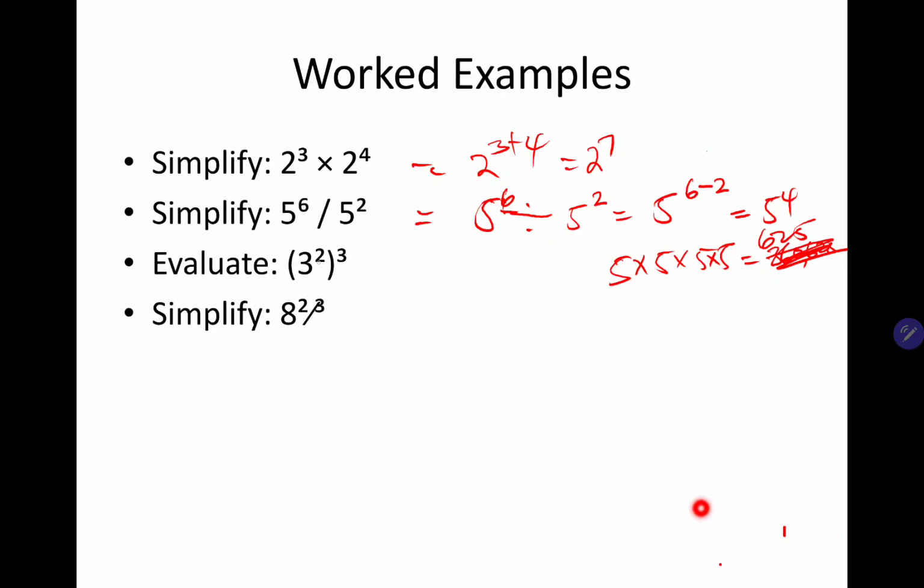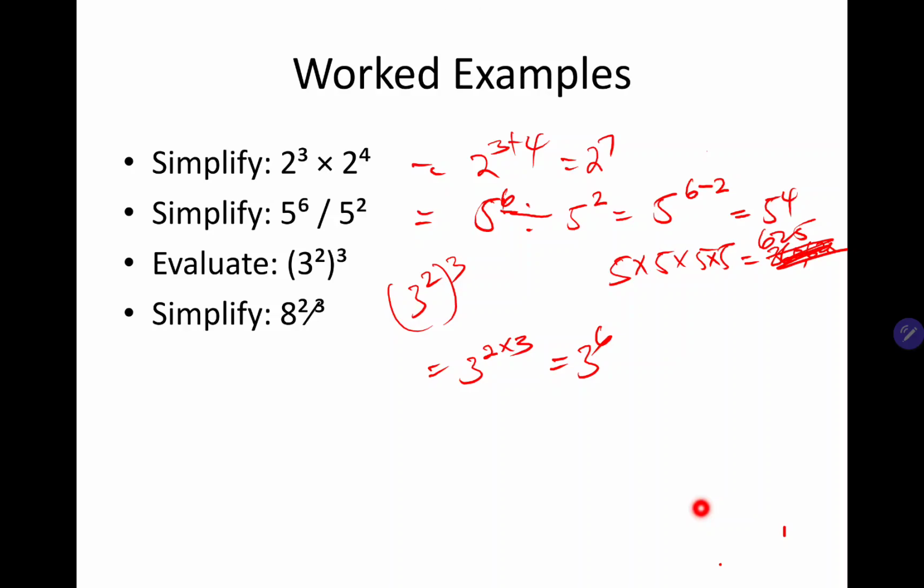If we are to evaluate 3 raised to power 2, all raised to power 3, this is the same thing as 3 raised to power 2 times 3. Remember the law. 2 times 3 is 6. This is the same as 3 raised to the power 6, which you can further simplify and get the actual integer.